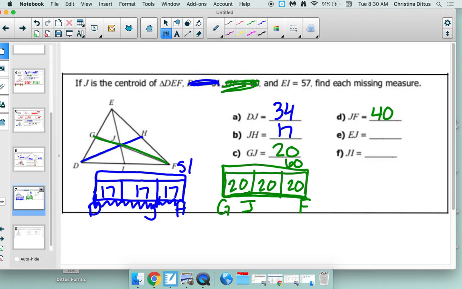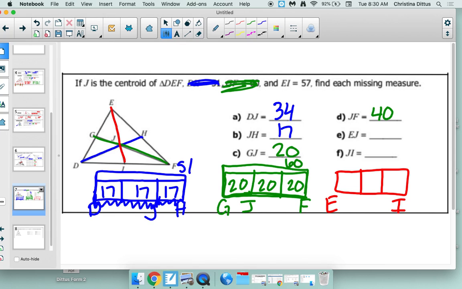Then we got EI, which is my whole line. So E to I. J is my centroid. So where should the J go? Here or here?